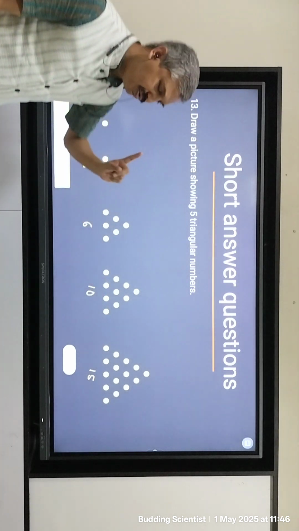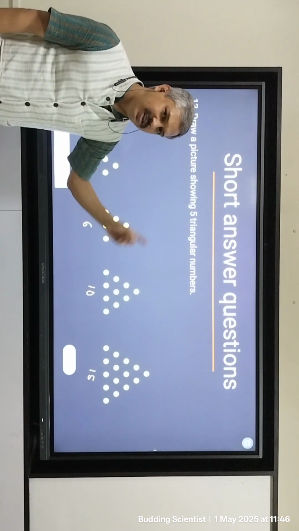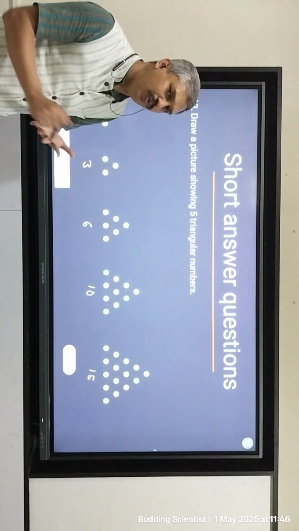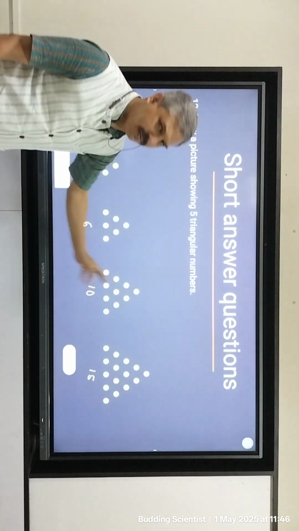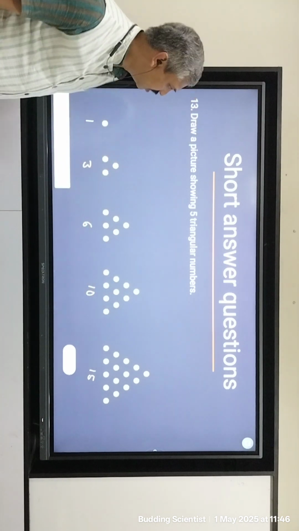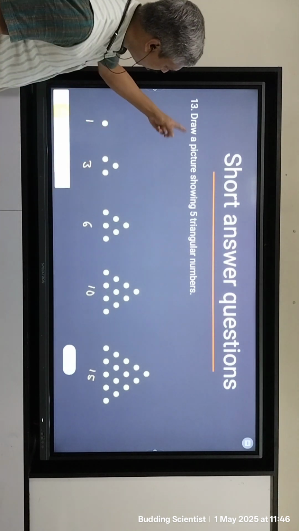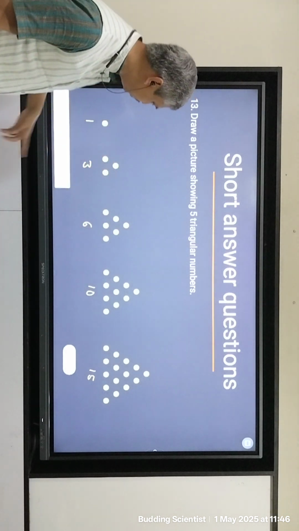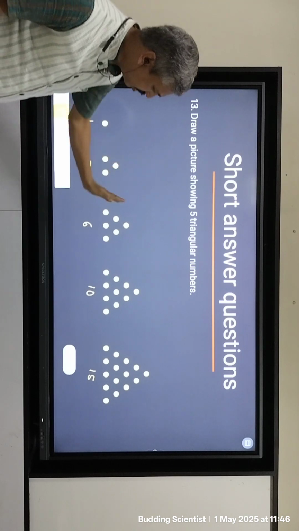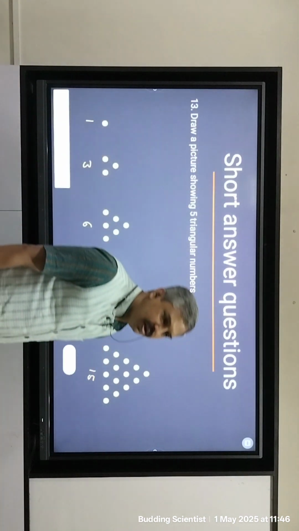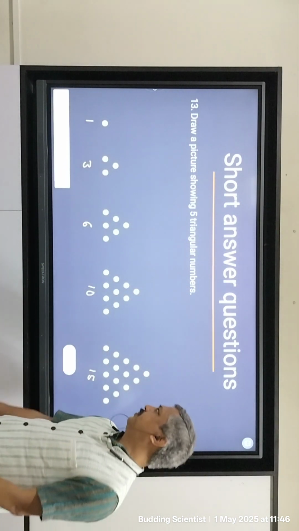If you remember that MCQ, I was telling you the numbers were 7, 8, 10 and 12, and only 10 is a triangular number out of them. These are the triangular numbers. Draw a picture showing 5 triangular numbers: one triangular number, second, third, fourth and fifth. We are showing 5 triangular numbers.